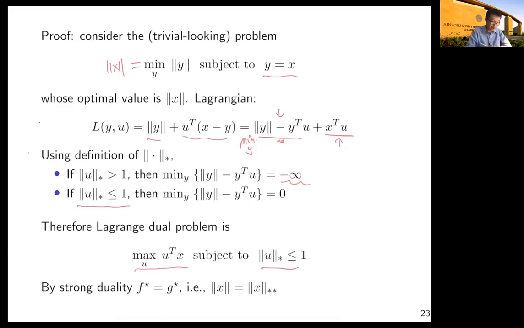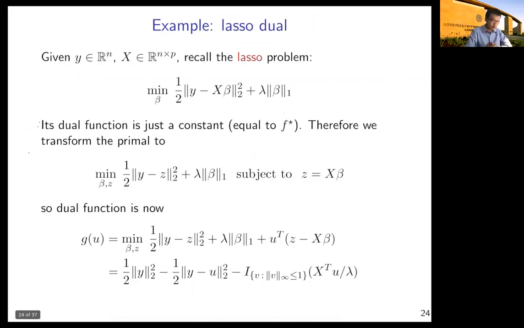And that checks the definition of the dual. And by strong duality, we know that the optimal solution of this is equal to the optimal solution of this. Therefore, x is equal to the dual of the dual. Okay.